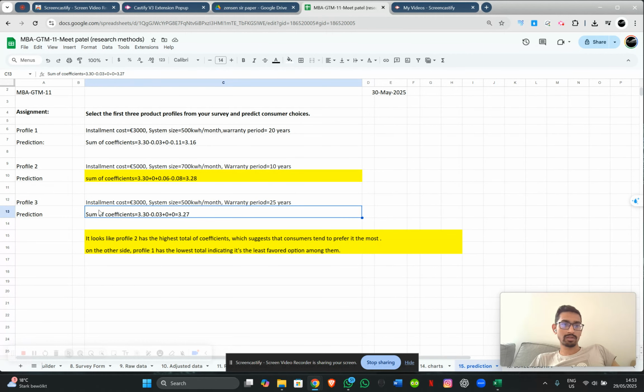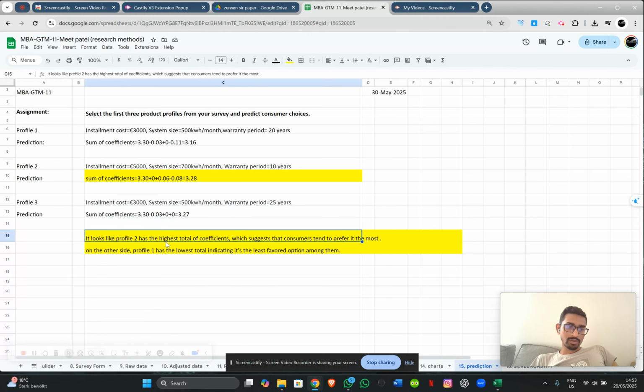Profile 3 has a predicted value of 3.27. So I saw that profile 2 has the highest coefficient, which suggests consumers tend to prefer it most. On the other side, profile 1 is the least preferred profile, where I can see that the fewest people choose it.